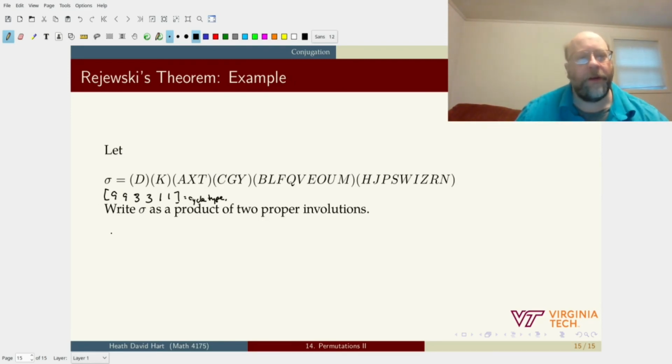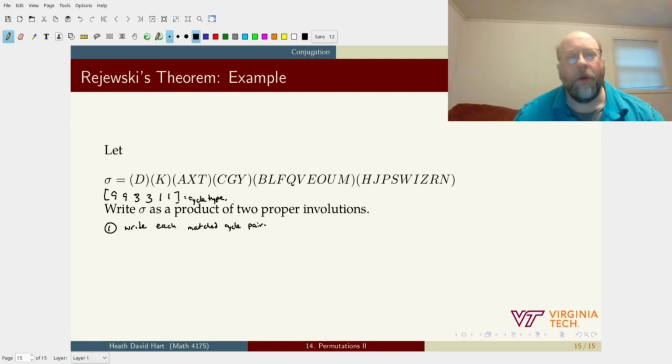So let's get started. What we're going to do first is write each matched cycle pair, one above the other, but we reverse the bottom one.